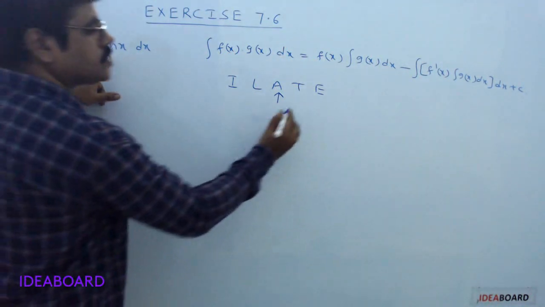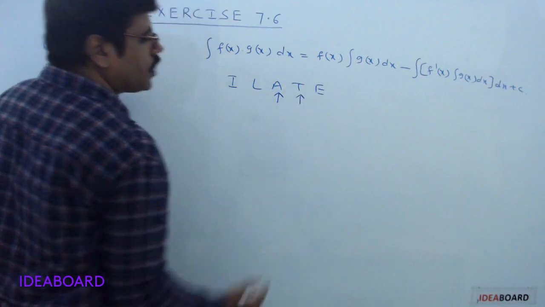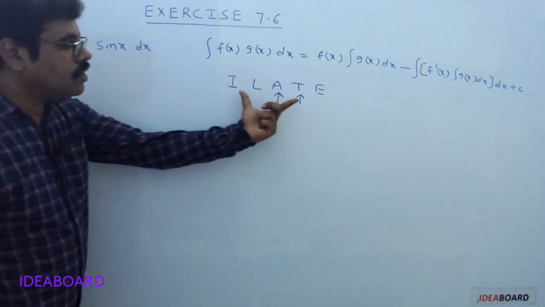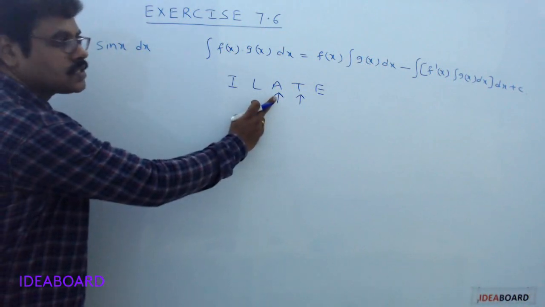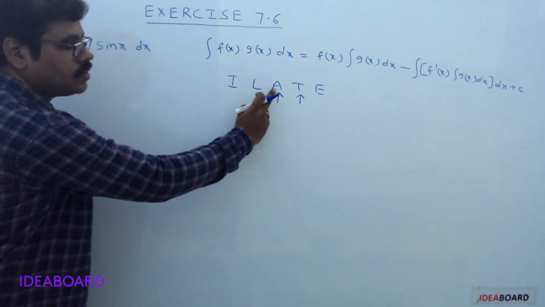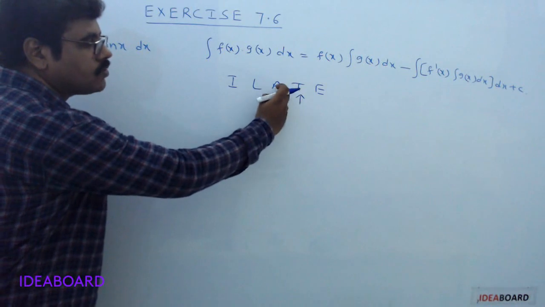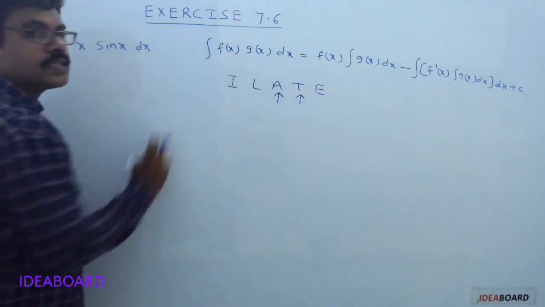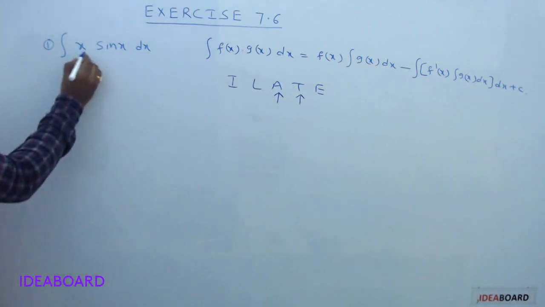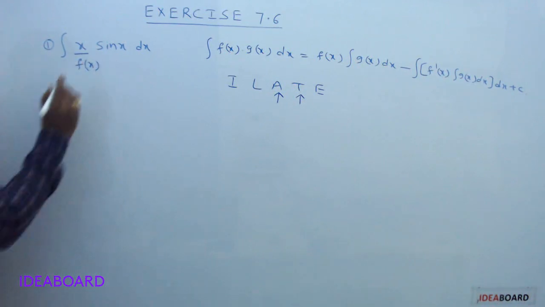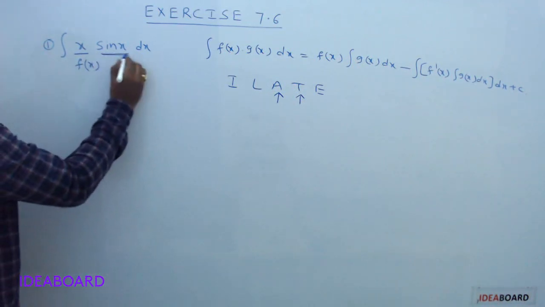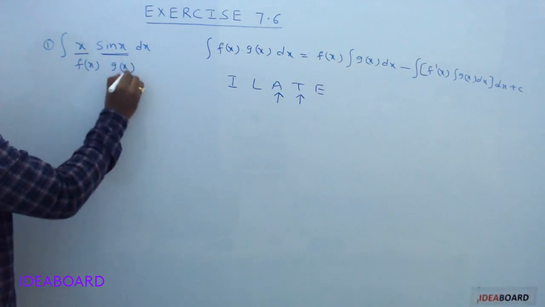Now this sin x comes under trigonometric functions. When you observe this from left to right, which function comes first? Algebraic function. So algebraic function will be taken as f of x. Here the algebraic function is x. So x is f of x. Other function will be g of x.